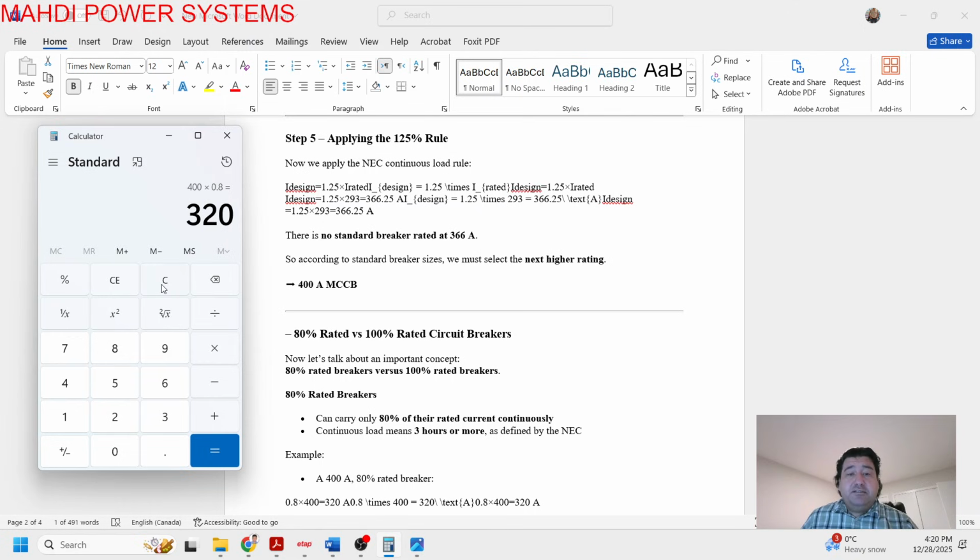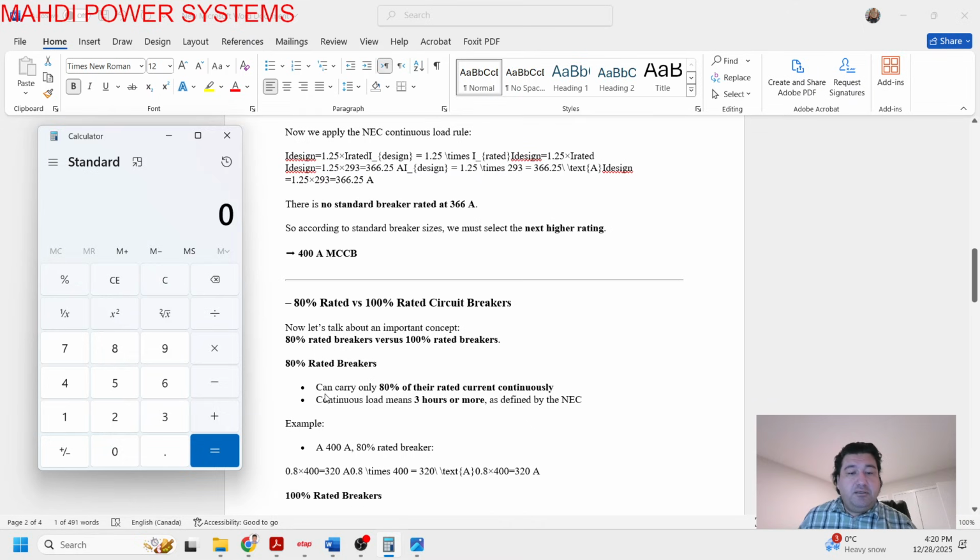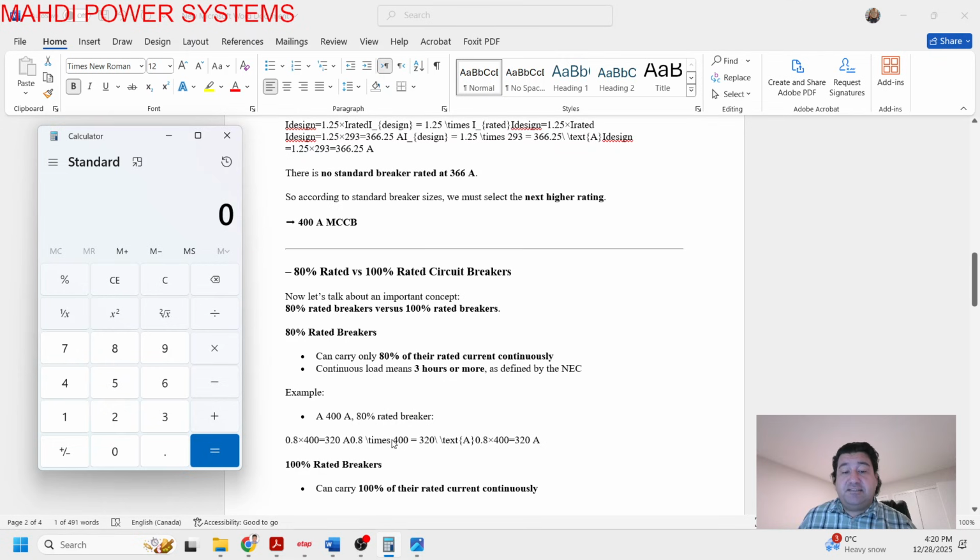If the breaker is 400 amp and 100% rated, it means the breaker can carry 400 amp continuously, not 320 amp, because now it is 100% rated. Let's add this point: continuous load means 3 hours or more, as defined by NEC.